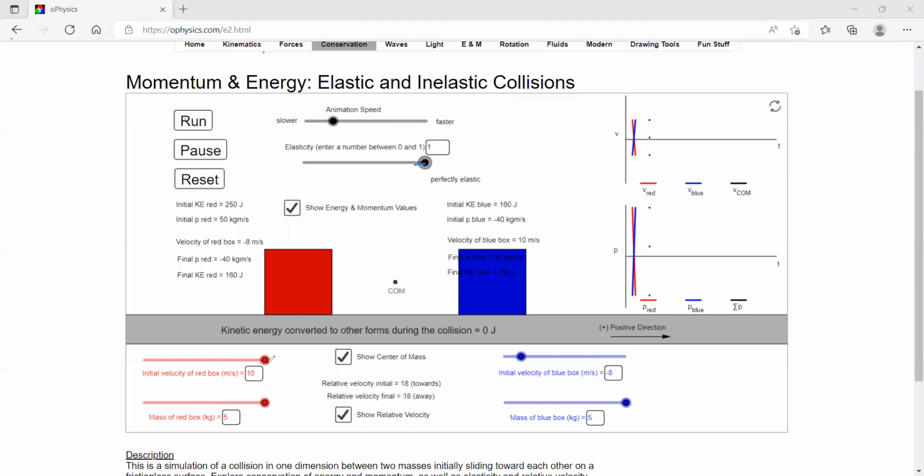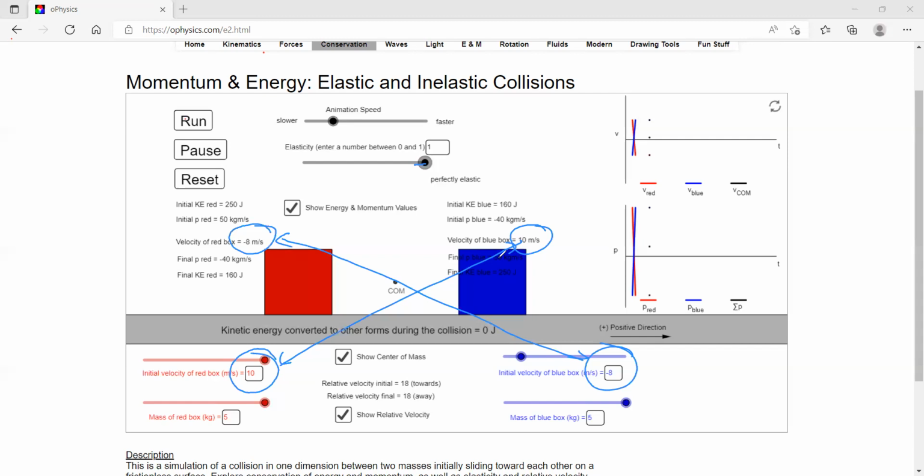The red one's velocity was 10 before the collision, and this was minus 8 before the collision. And here you see the exchange. Now the red one's velocity is minus 8. So you see that this is exchanged and this is exchanged. After collision their velocities exchanged. Red gets the velocity of blue, blue gets the velocity of red.